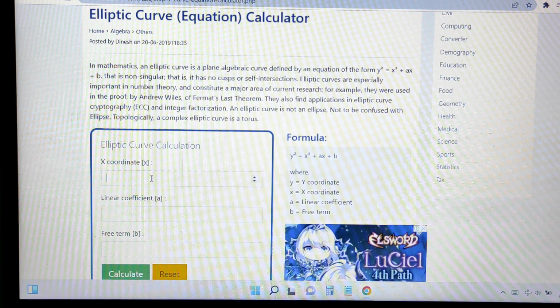Now, let's use the elliptic curve online calculator. Example: the x coordinate is equal to 14, the linear coefficient, which is a, is 25, and the free term, which is b, is 3.